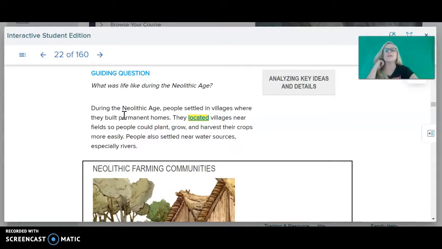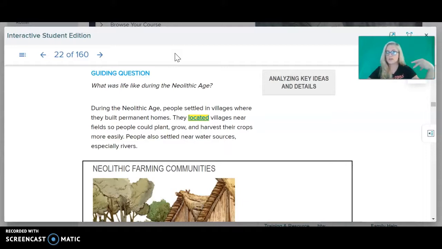So, why do you think, based on these simple 3 sentences, why did people build permanent homes for the first time ever? So the idea of permanence means that they're going to stay there, which means if they're willing to stay somewhere, that means that wherever it is has what they need to survive, right? And so let's back it up. What did they need to survive? This is the same thing all societies need to survive, right?